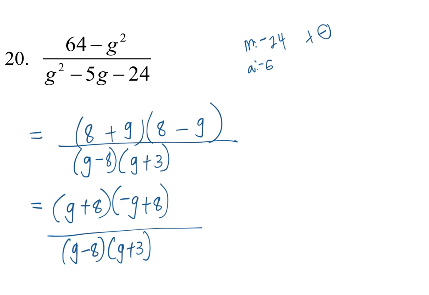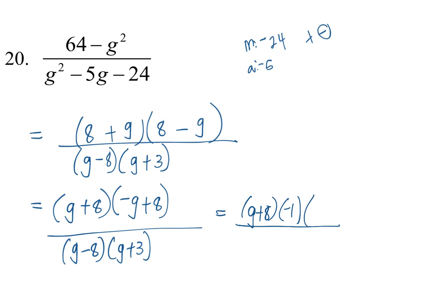But let's try to factor out a negative 1 from this one right here, because that's super similar. So I'm going to leave the g plus 8, and then I'm going to factor out a negative 1 from the negative g plus 8.